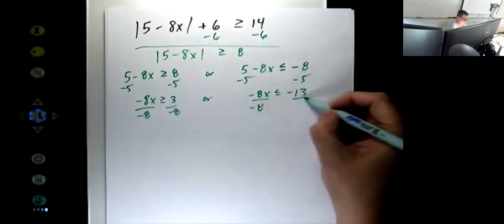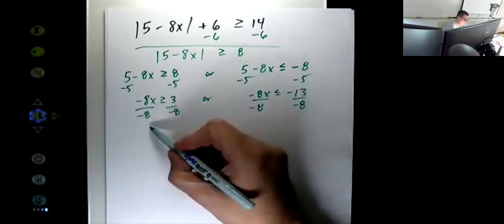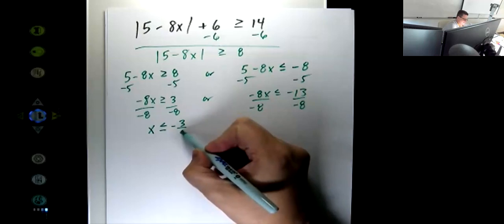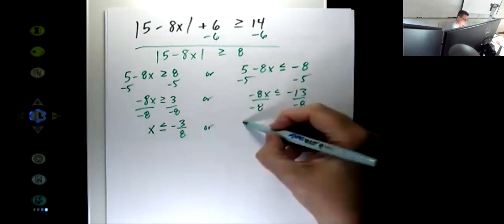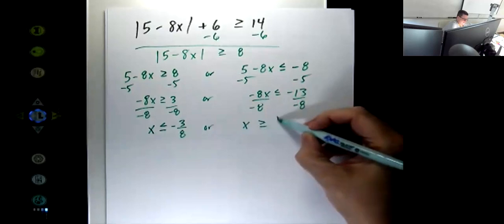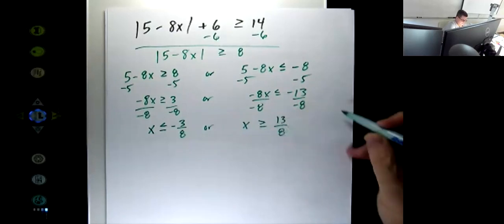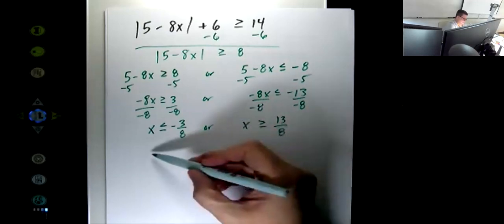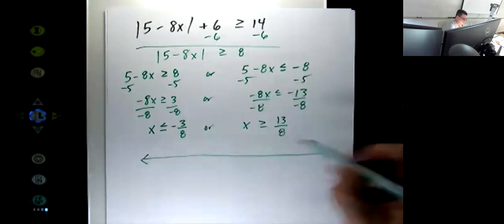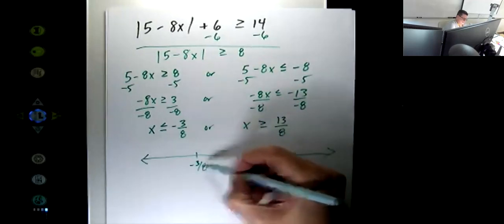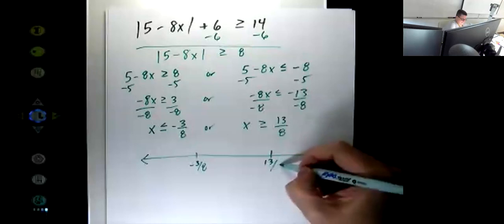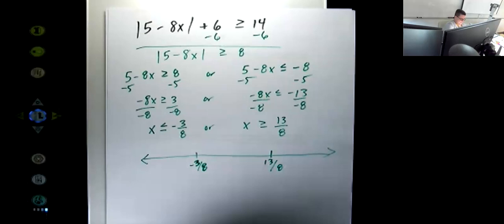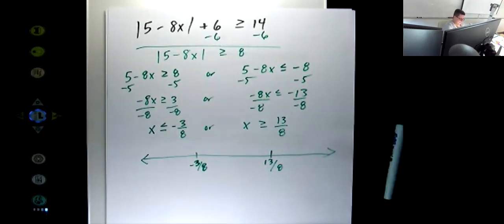Divide by negative 8, divide by negative 8. We divide by a negative, gotta change this inequality. So we have negative 3/8 and 13/8. It was set to be going greater than on the left side, but now it's less than.